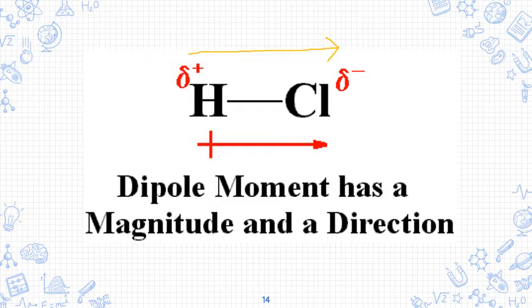And then we're going to add another line over the one that is going to have a partial positive charge. We're going to add this line perpendicular so that it's indicating to us that that is the one that has the partial positive charge. So this is how we'll add dipoles onto molecules to show the dipole moments specifically within those molecules.